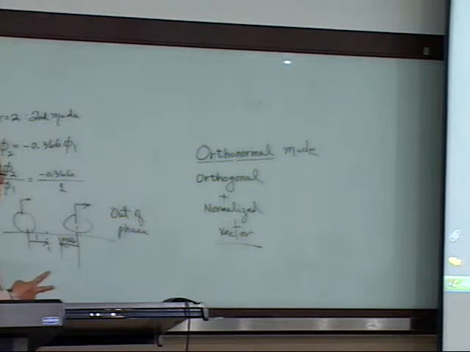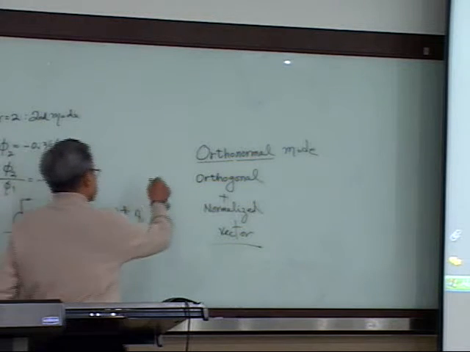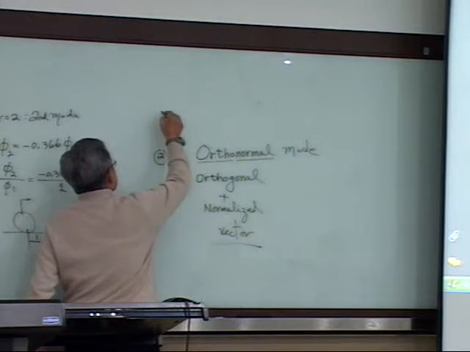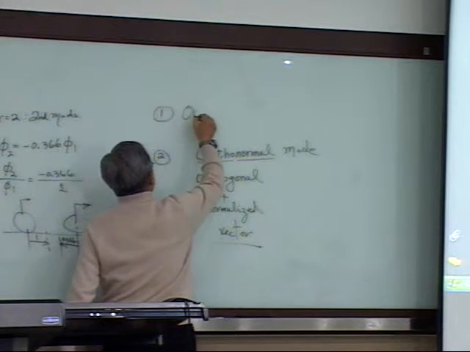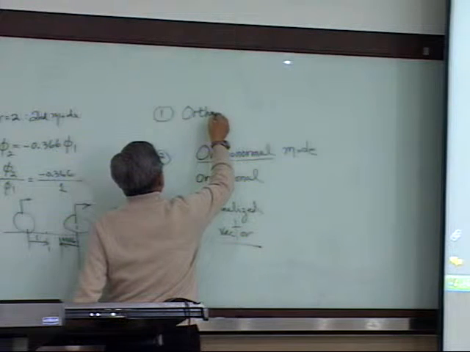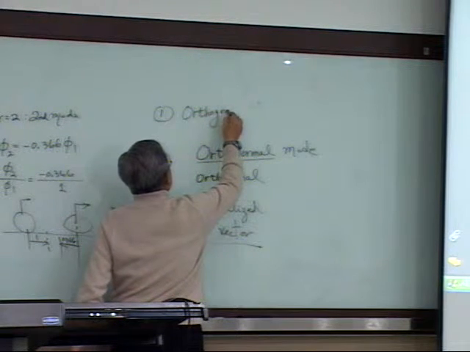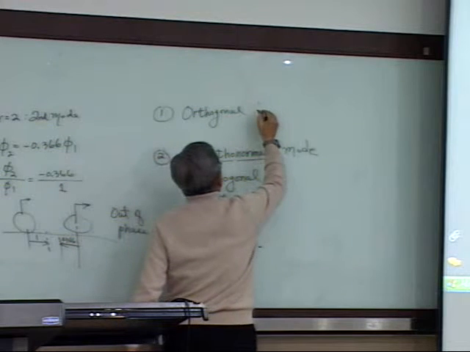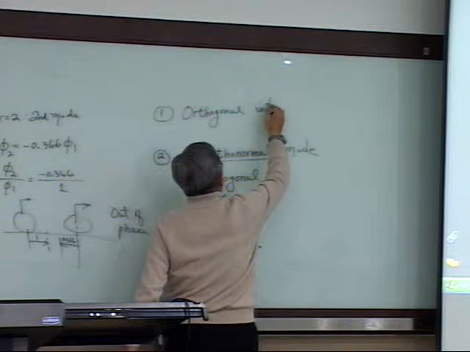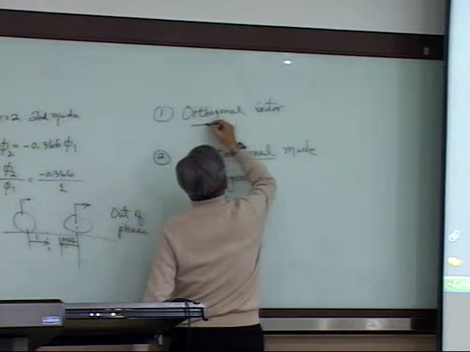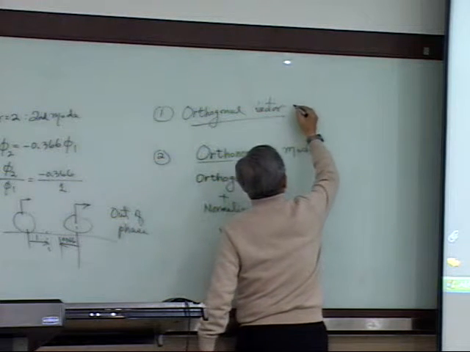One thing is the orthogonal mode. This is definition one: orthogonal vector, orthogonal property. What does it mean exactly?